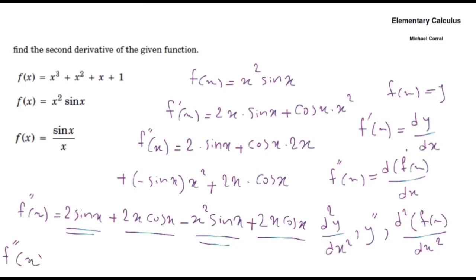The second derivative of f(x) equals (2 minus x squared) sine x plus 4x cosine x.